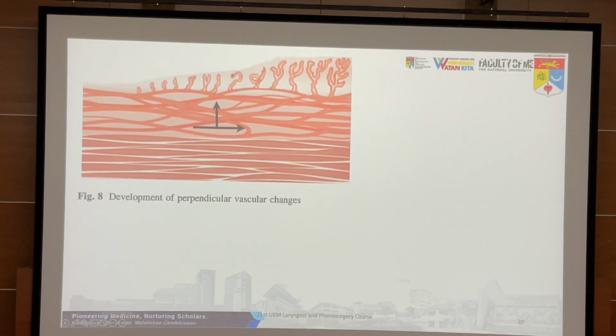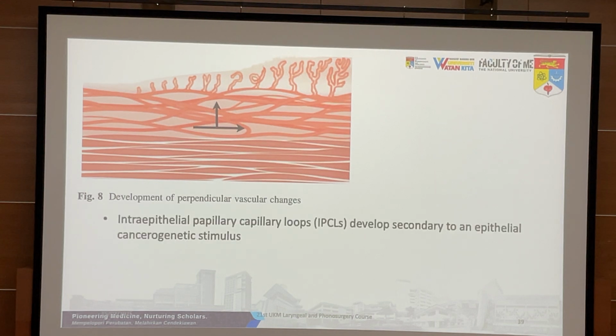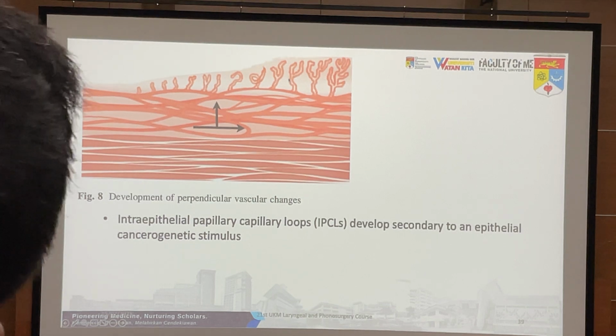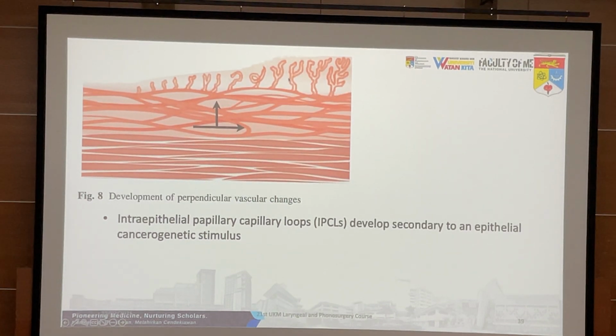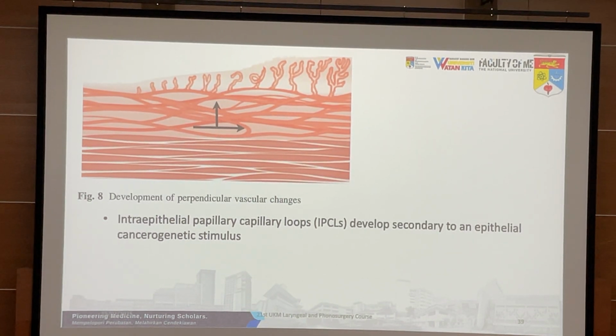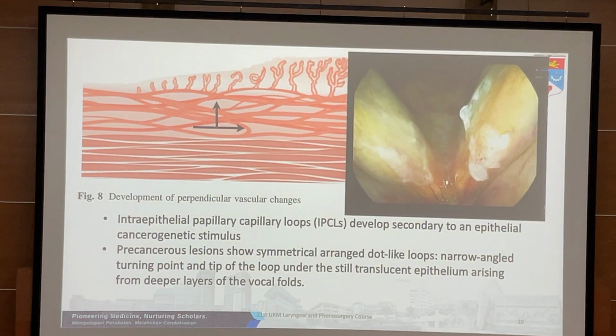So with perpendicular vessels, you can see dots or spirals on the surface. This vasculature is called IPCL, intraepithelial papillary capillary loops, that could be secondary to carcinogenic stimulus.